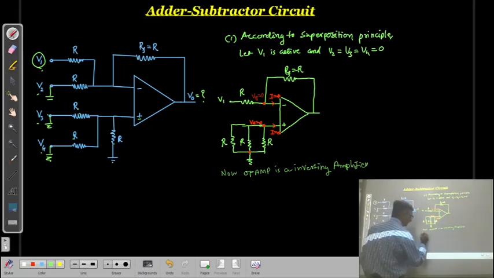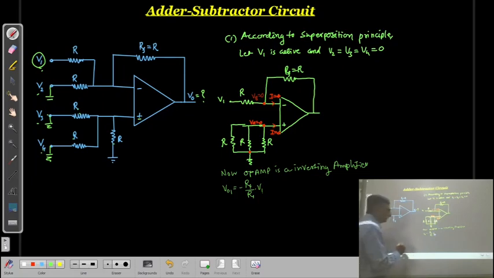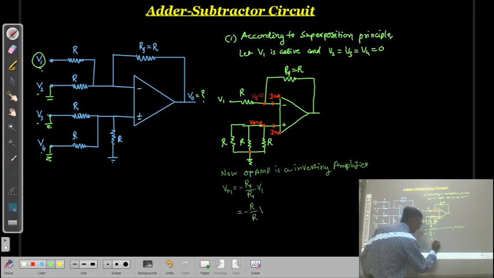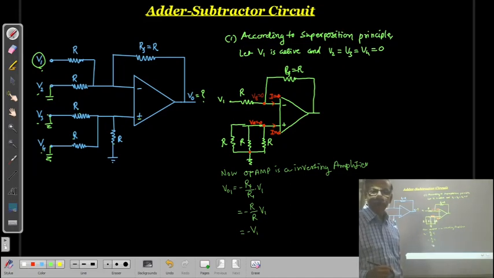In that case, the output voltage we can write as VO1. For an inverting amplifier it is equal to minus RF by R1 into V1. Here RF and R are both the same, so this is minus R by R into V1, which equals minus V1. So VO1 is nothing but minus V1.